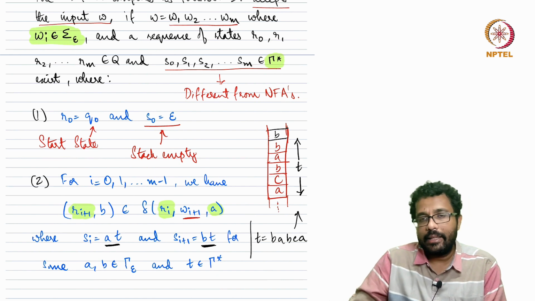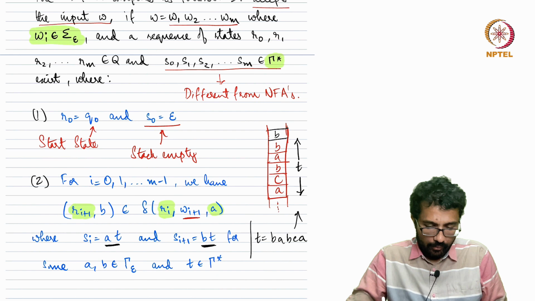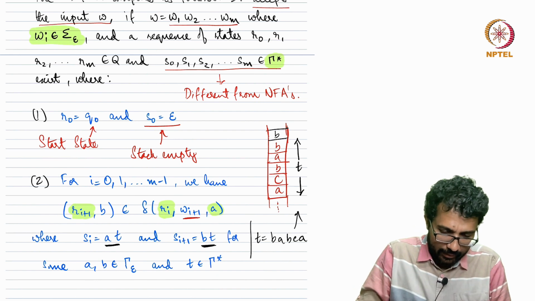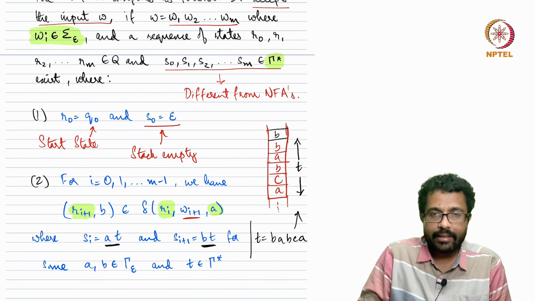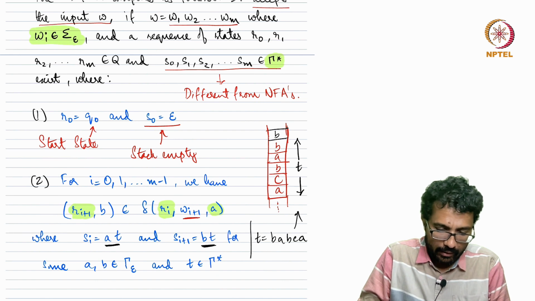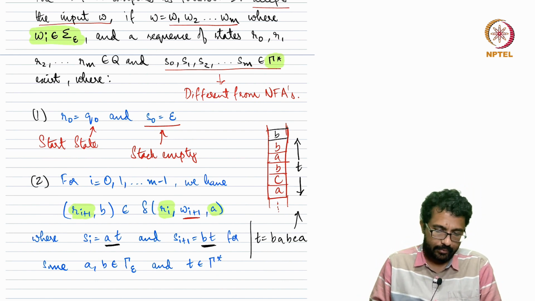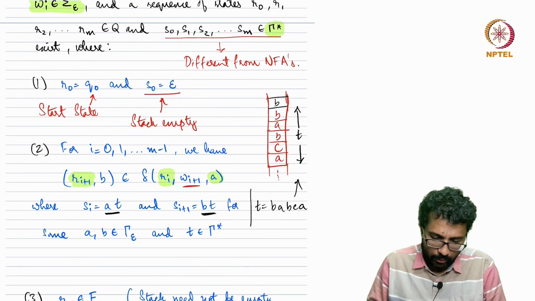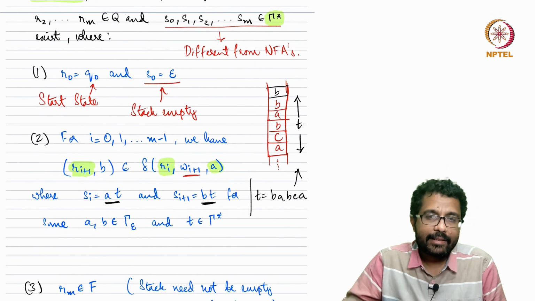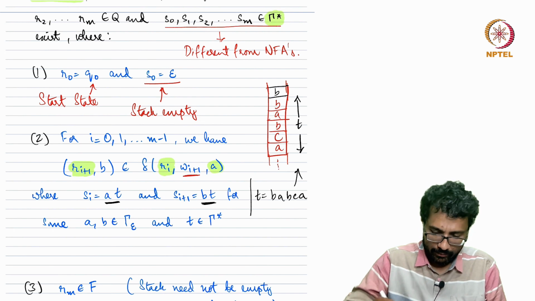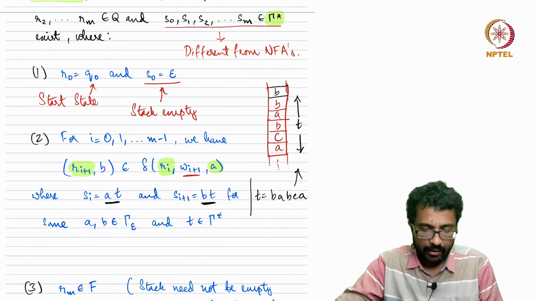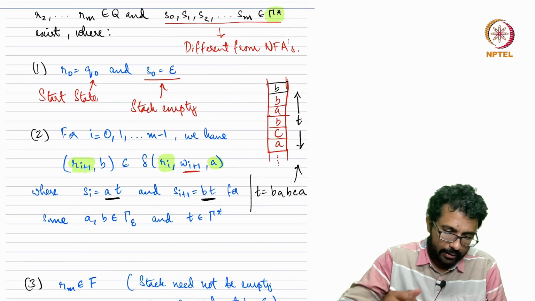It should be a legal transition rule, such that the sequence of stack contents is also maintained. Maybe when I say it like this, it seems a bit complex, but when we see an example, this will be clear. And like that, we make all these transitions.